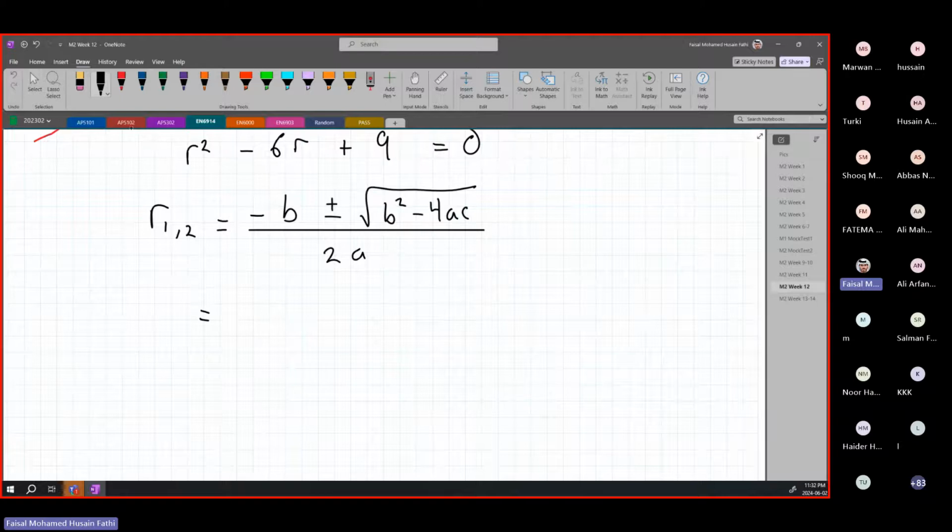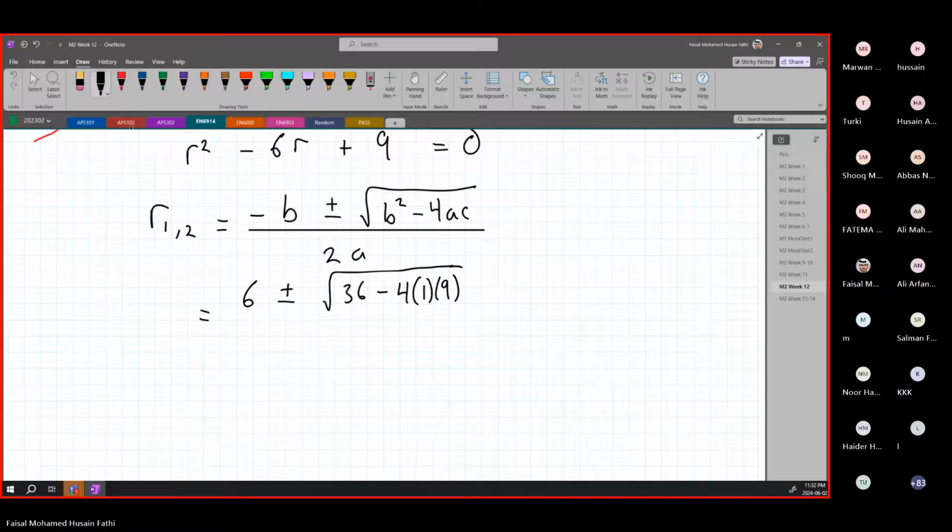This is equal to minus b, which is 6, plus or minus the square root of b squared, which is minus 6 squared, which is 36, minus 4 times 1 times 9, divided by 2 times 1.